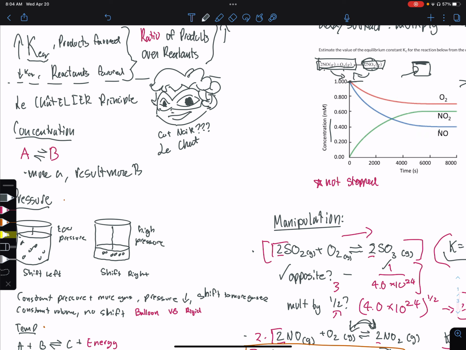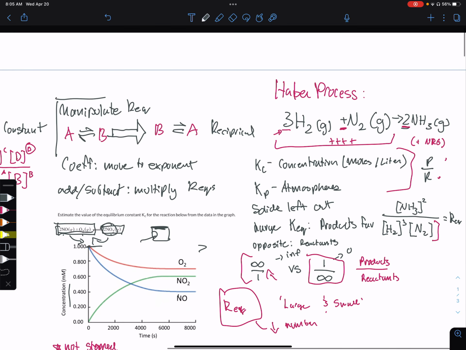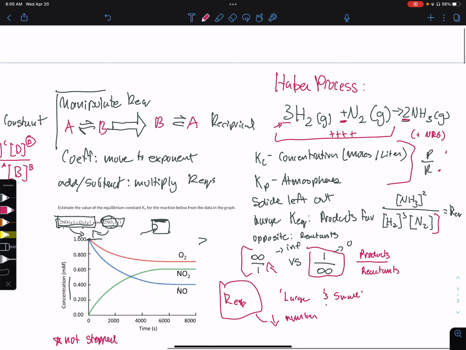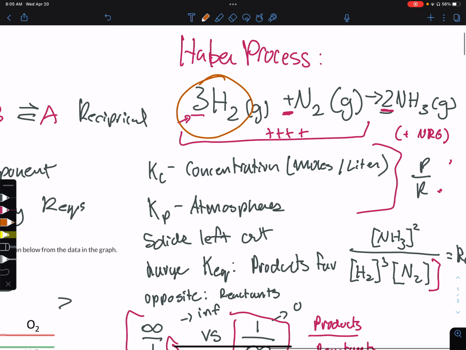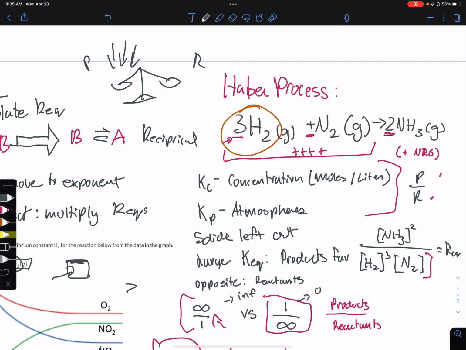All right. Anyway, first thing that affects these molecules is concentration. So we have the Haber process here, right? If I added, let's say, a lot of this, then it would be thrown off balance. If we had a scale like this, and this was the products and this was the reactants, and I added a bunch of products over here, then this would be weighing heavier than the reactants.